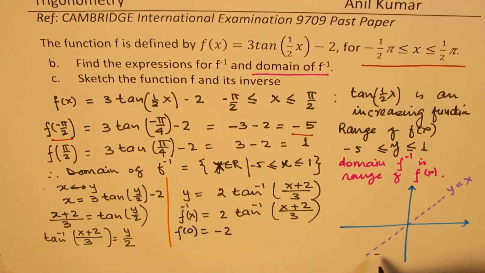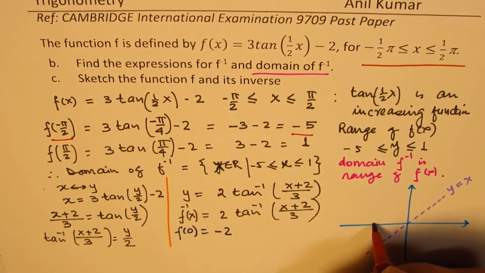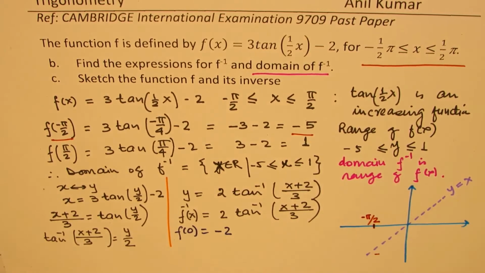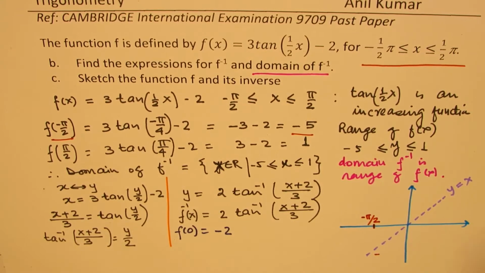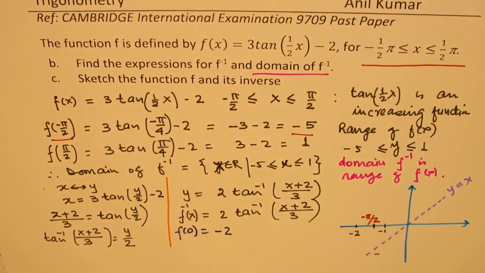So we have x value of minus pi by 2. Let's say we take this value as minus pi by 2, right? When I say minus pi by 2, it is 1.5. So let us say if this is 1 and this is minus 1, this is minus 2, somewhere in between, correct? That's what we mean. So at minus pi by 2, the value of the function is minus 5.